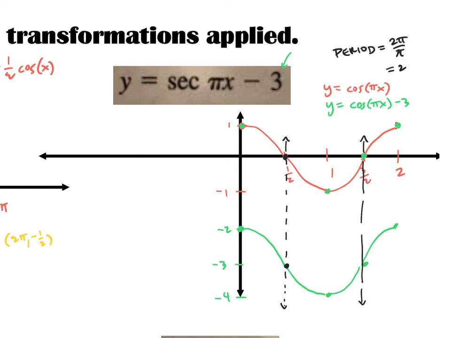And then I'm going to sketch my function. I don't have enough space down here, but that's the general behavior that graph would take on. This point would be the point 1 comma negative 4. This point would be 2 comma negative 2. And this point would be 0 comma negative 2. And there you have y equals secant pi x minus 3.